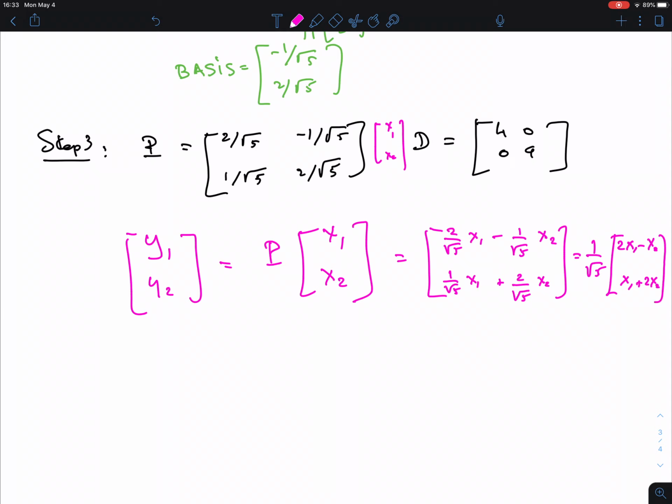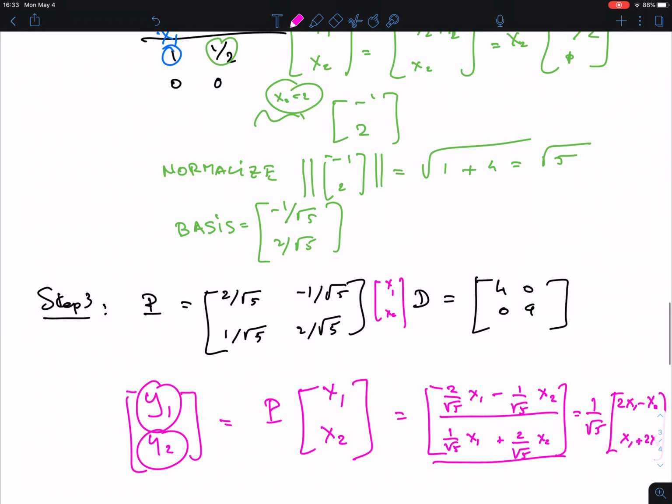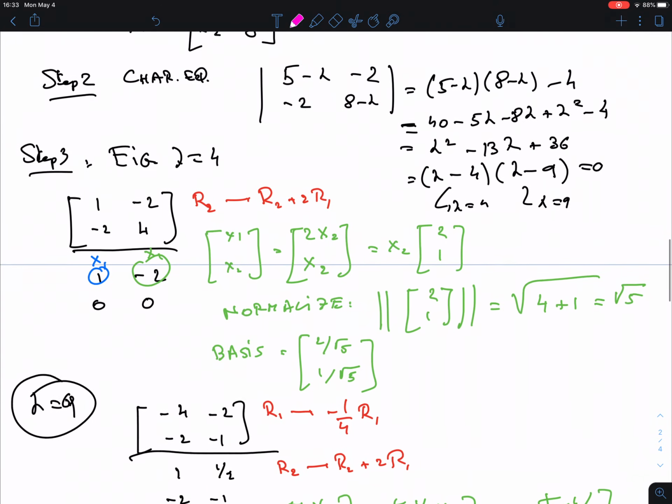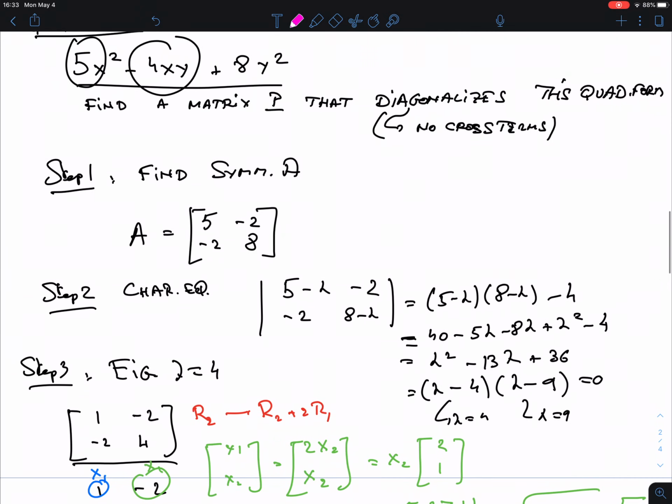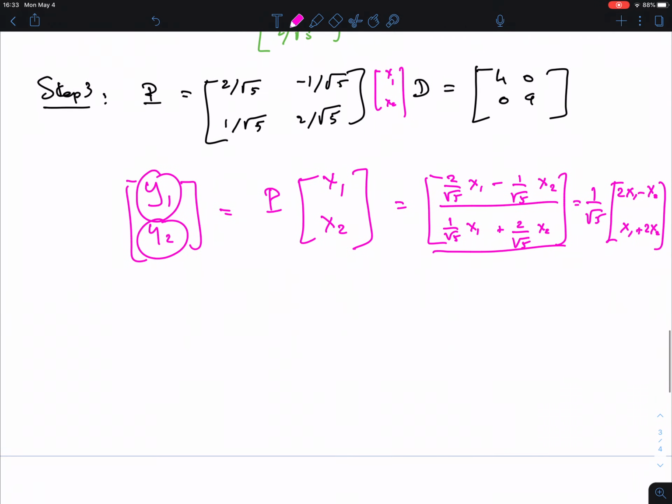So this is the change of variables, which means what? If I put y1 equal to this expression and y2 equal to this expression, then I have that the quadratic form in these new variables, so the original quadratic form that I had, where was it? Let me copy it over here.